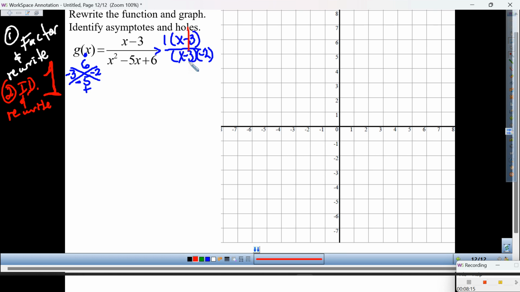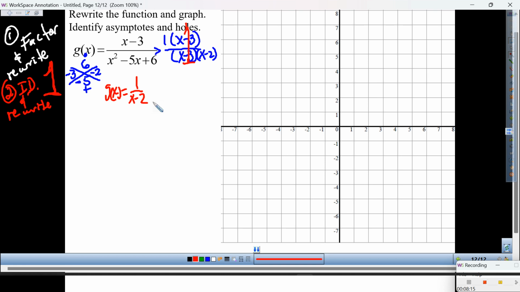Yes, here it is. And let's rewrite whatever we have left. Whatever we have left is g of x equals 1 over, oh, I didn't write the x on this one, x minus 2.